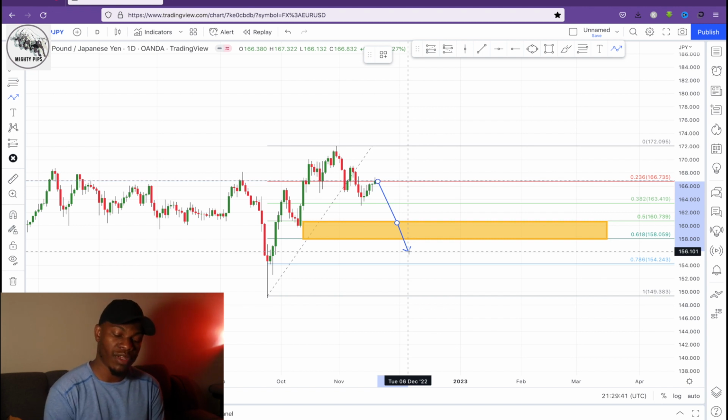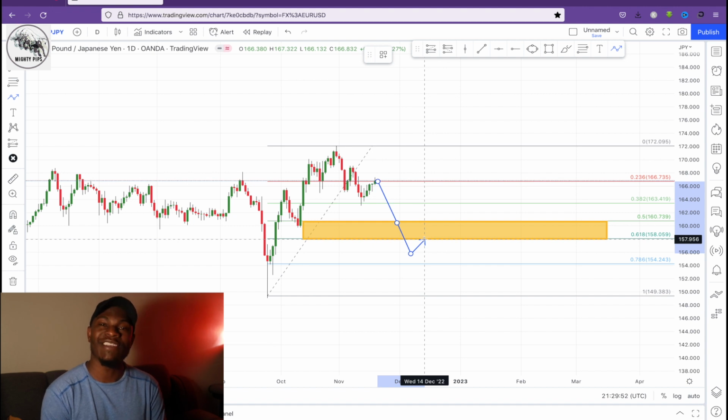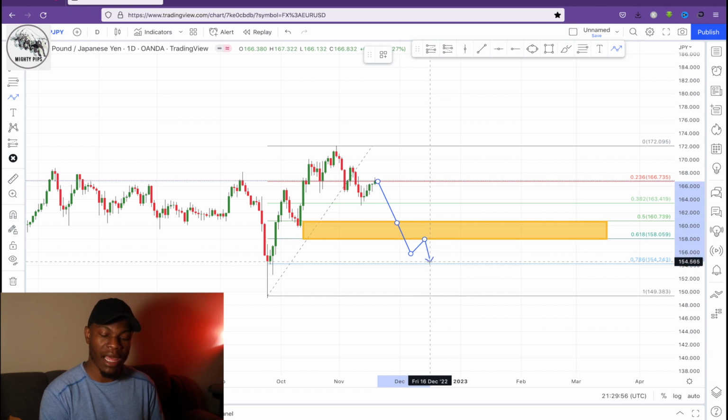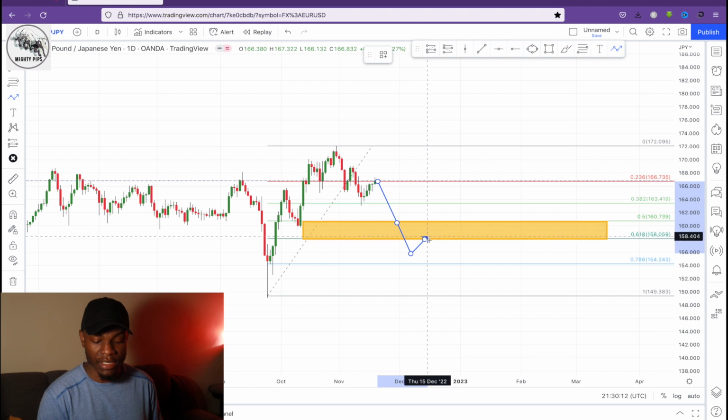So for example, if it breaks below this area, you don't jump into a sell until there is a retest of the golden zone. After the retest, you still don't jump in on a sell. You wait for a confirmation candlestick pattern, like a bearish engulfing candlestick forming after the retest, or something like an evening star formation around this area after the retest.